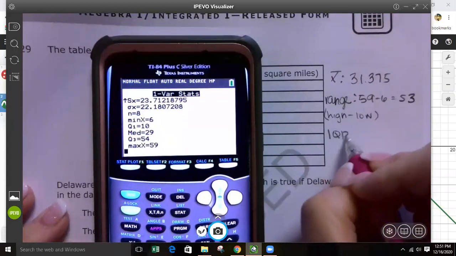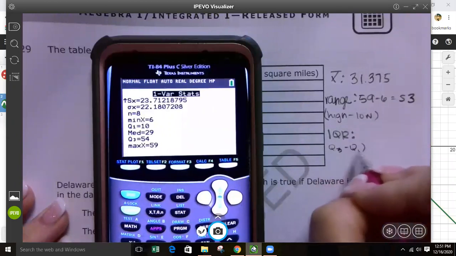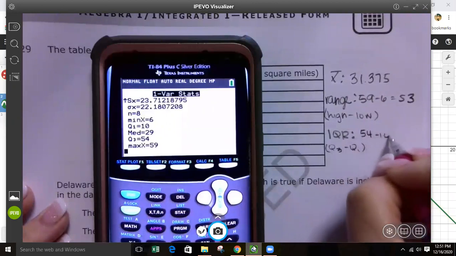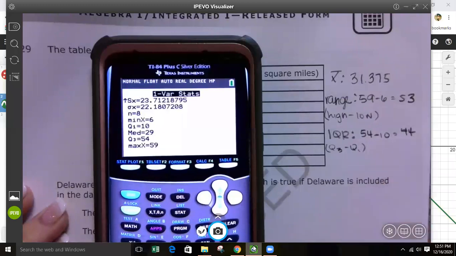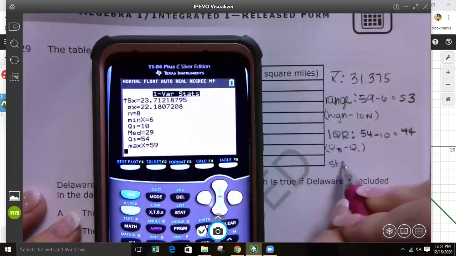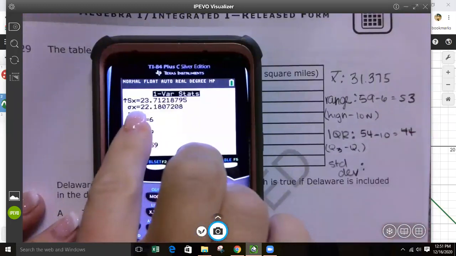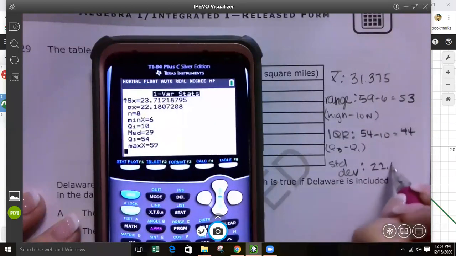Your IQR is your Q3 minus Q1. Q3 is 54. Q1 is 10. When we subtract that, we get 44. And then it asks about your standard deviation. And that's this one up here that has like the squiggly O and the X, so 22.18.